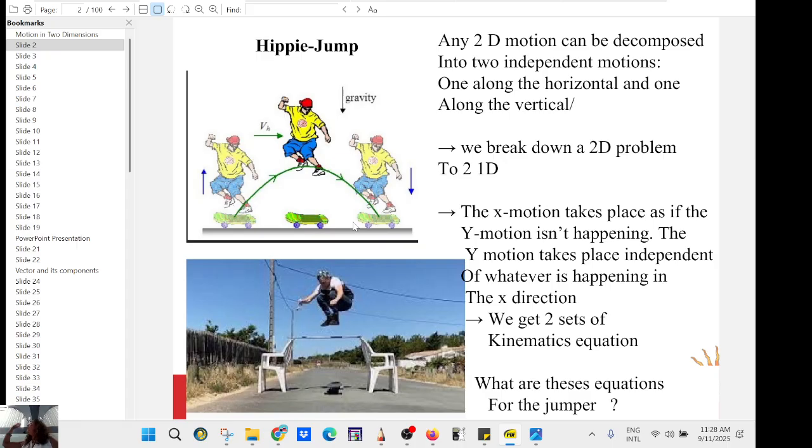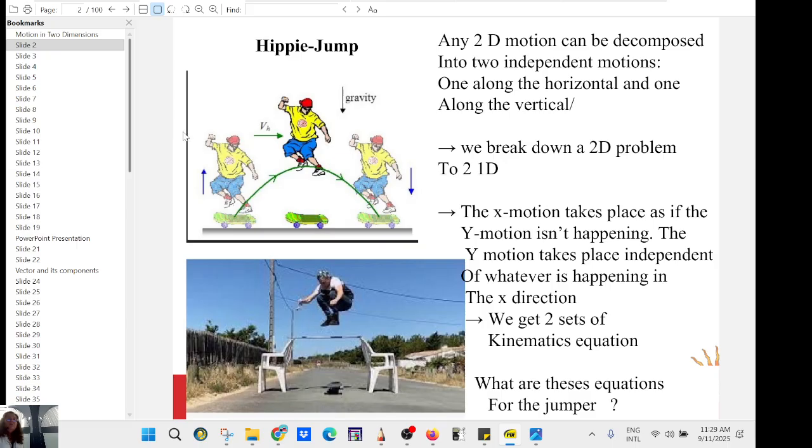It's going to move forward, and because there is no air resistance and no force, it's going to move forward at a constant velocity. But at the same time, it's going to go up and then down. So you see, that beautiful graph is a parabola. It's a quadratic equation.